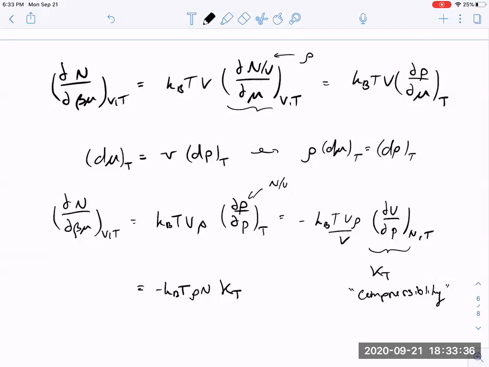So done at fixed temperature, thus isothermal. It's defined with a minus sign and pulling out that factor of V. Let's clean that up. So the compressibility, that is this, this, and that. That's how it's defined. So indeed, an observable response function, how the volume changes with pressure, is related to a fluctuation quantity, how the particle number fluctuates.